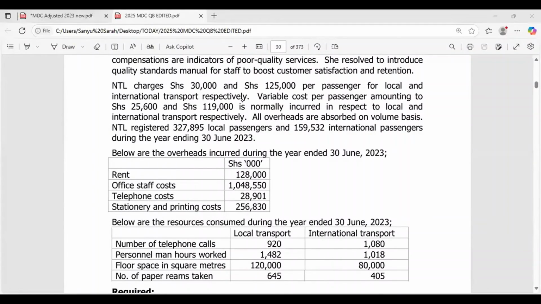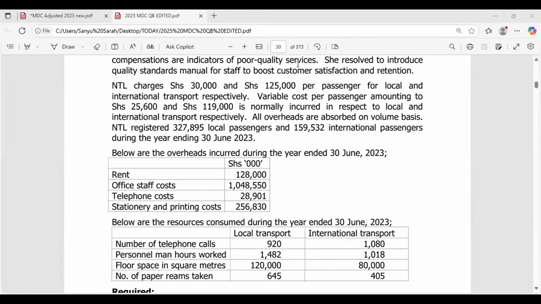NTL charges 30,000 and 125,000 per passenger for local and international transport, respectively.